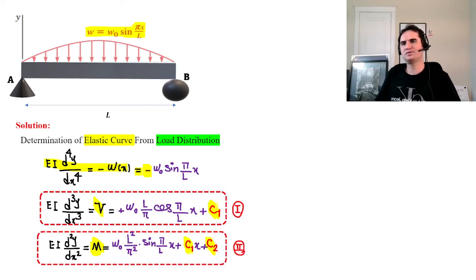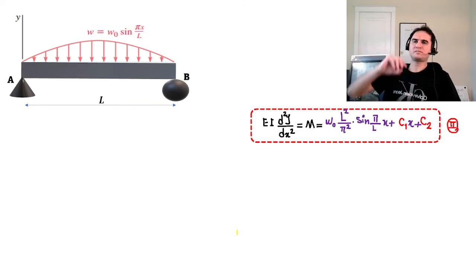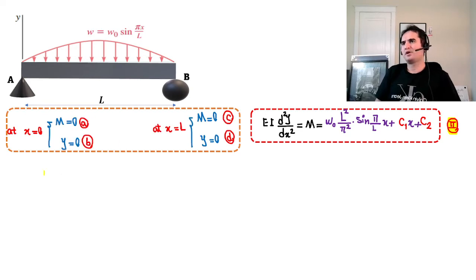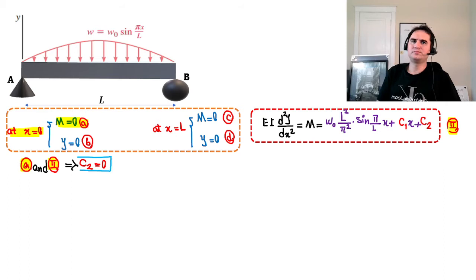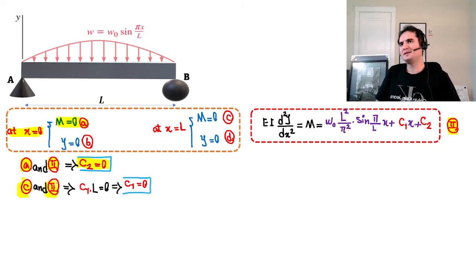If we call this equation 1 and this equation 2, and apply the boundary conditions, A and 2 gives us C2 is equal to 0, and this time, B and 2 gives us C1 times L equal to 0.